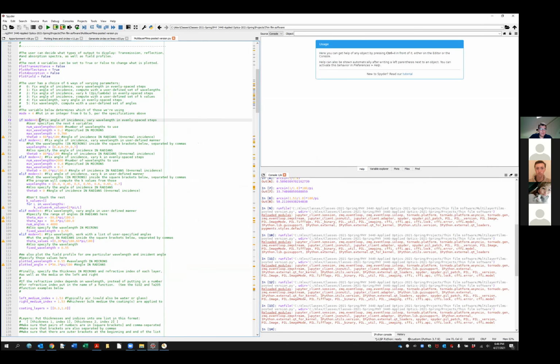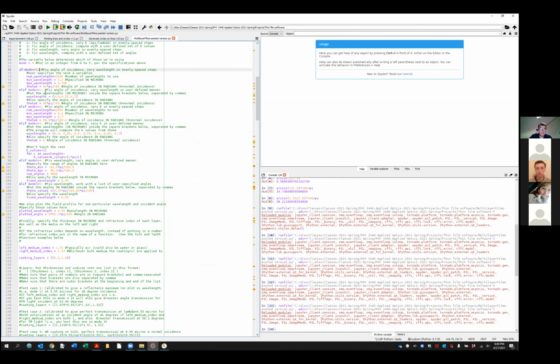We're doing angle resolved reflectance, reflectance versus angle. And let's make one of these 1.8.